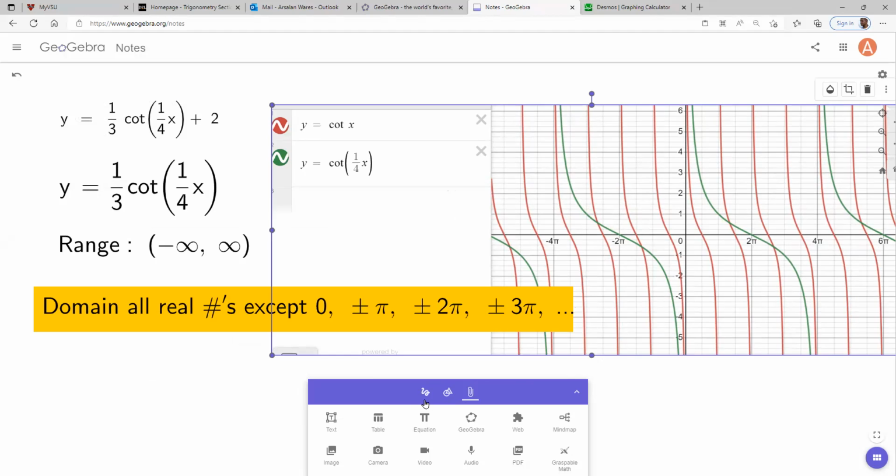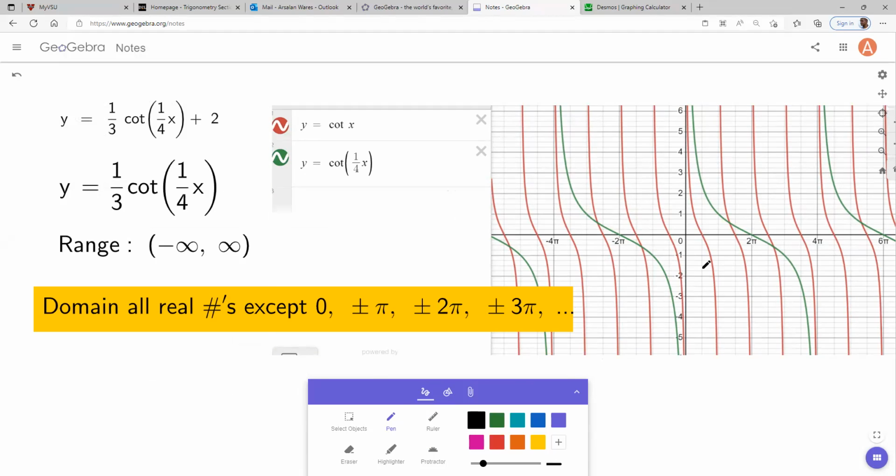It kind of makes sense to me that this is 1 and this is going to be 4. So all these places where you have vertical asymptotes will be multiplied by 4. You can say it will be divided by 1/4. Dividing something by 1/4 is the same as multiplying it by 4. So we are going to rewrite the new domain correctly.